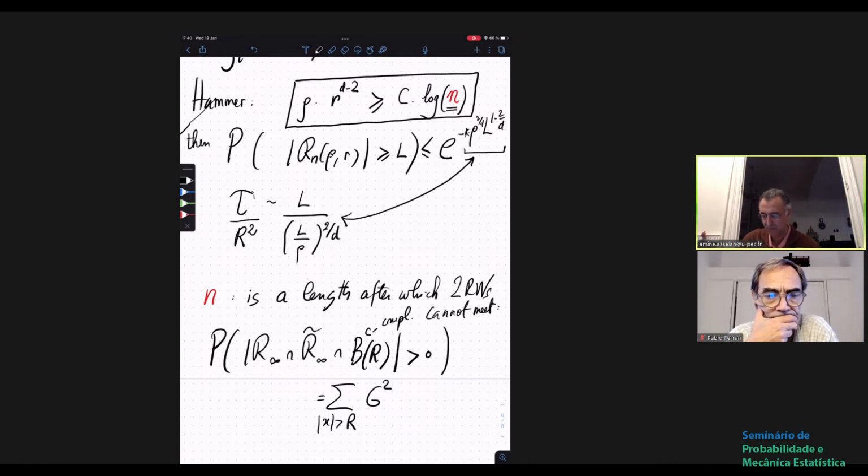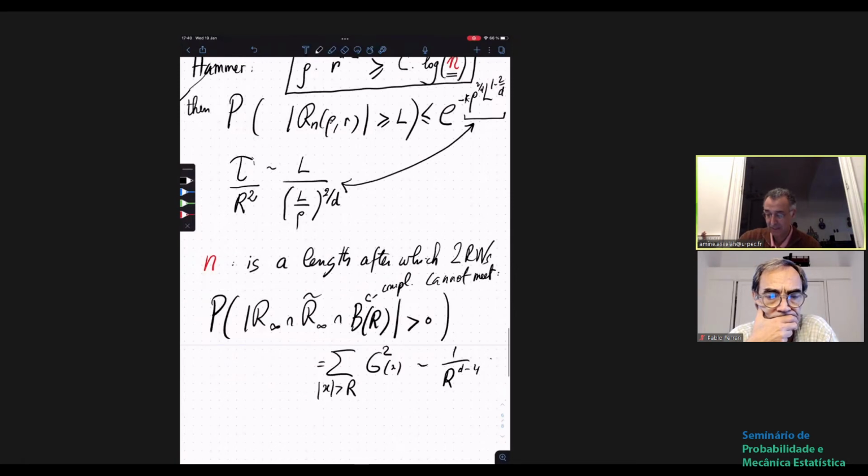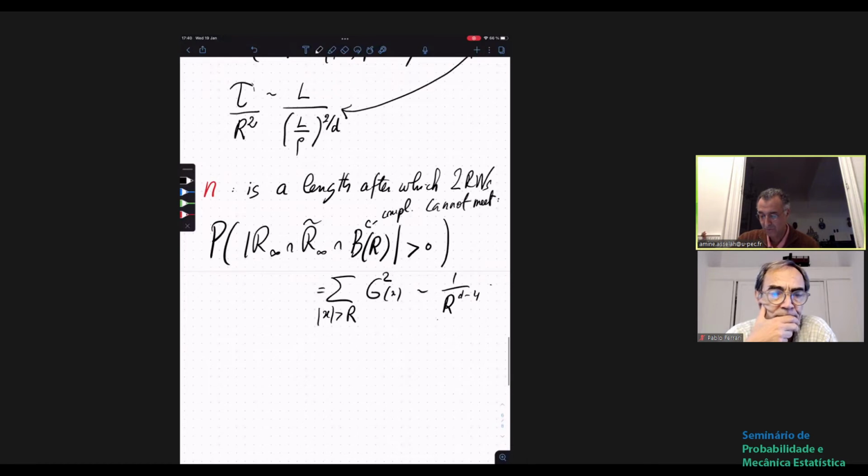I'm asking, is it possible that two independent random walks meet outside of B_R? You sum that, and if what I said is correct, you should have something like that. So you could take R big enough such that this is much smaller than exponential minus a big constant times t to the 1 minus 2 over d.